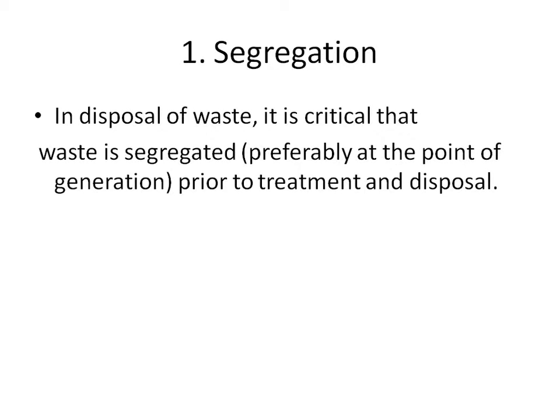Right? Let's look at the segregation. It's critical that the waste is segregated at the point of generation. So don't even think of segregation afterwards. It's a horrendous affair. If you take general waste and try to segregate it afterwards, it's extremely difficult.